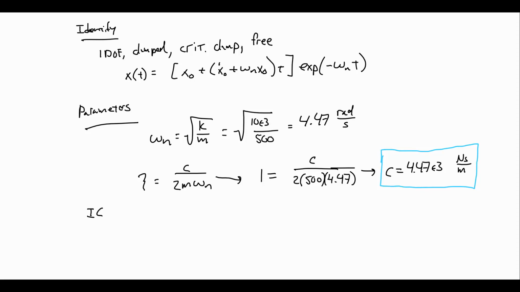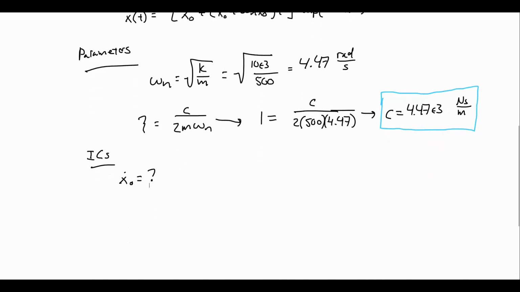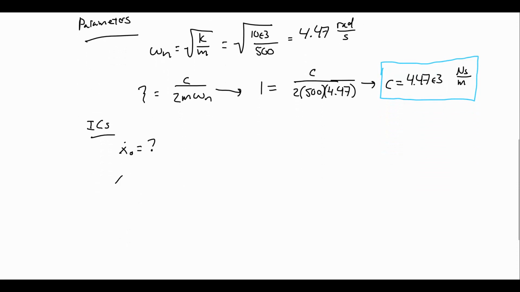One of them we clearly don't know is x naught dot. In fact, that's what we're trying to discover in this part of the problem. But the other initial condition we actually do know, x naught is 0. This is going to start at rest. The recoil mechanism starts at its equilibrium position. Then we impart this initial velocity to it from the impulse, and then it starts to move.